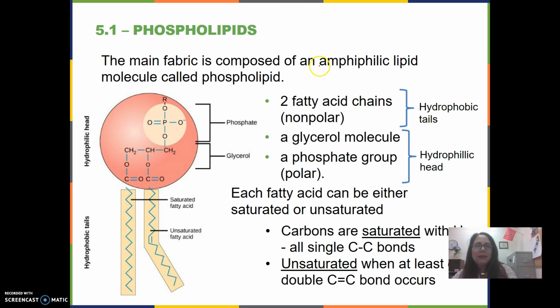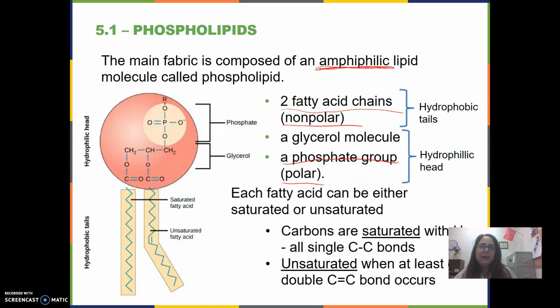Phospholipids are molecules that are called amphiphilic, and that means they have a hydrophobic region and a hydrophilic region. The hydrophobic region, hydrophobic meaning fear of water, is the region that's insoluble in water. It's nonpolar. That is the two fatty acid chains. The hydrophilic region is a phosphate group, and it is polar, so it is soluble in water.